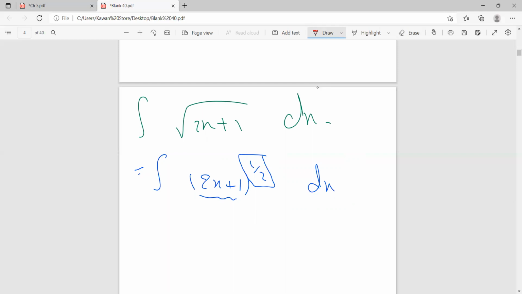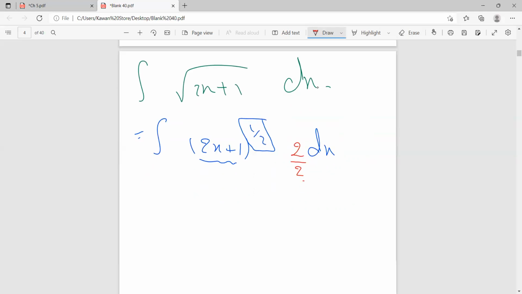But we have no number, so I'm going to put 2 over 2. Do you agree with me? Why not? Because 2 over 2 is equal to 1, and I take the 1 over 2 outside. It's easy. Do you agree with me? Understood?